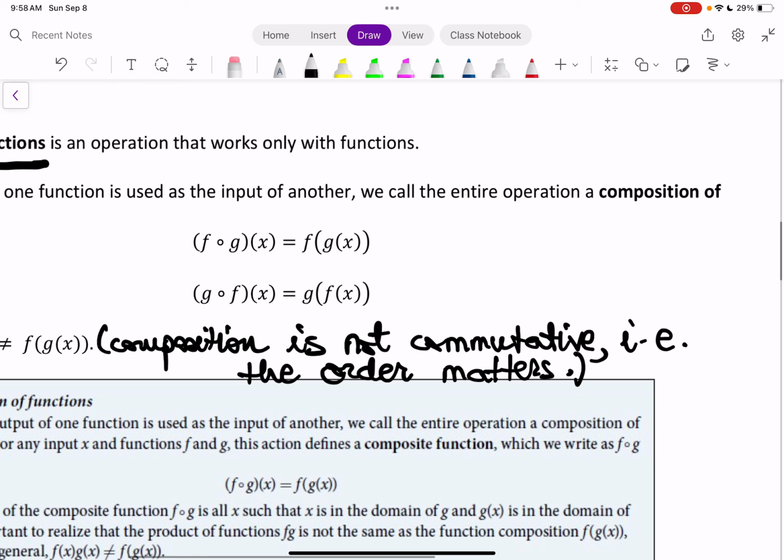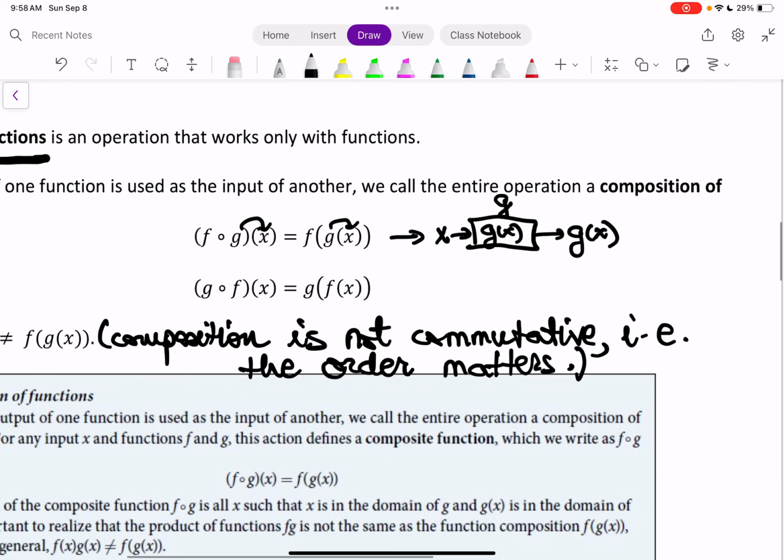So what this composition simply says is that the function g is the one that's working first on x. Your input is an x, it goes through the function g, and whatever the function g does, it spits out g of x.